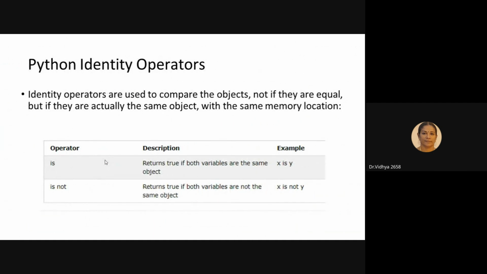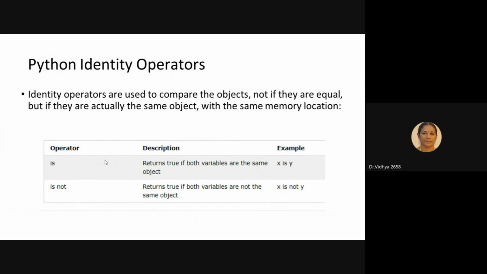Okay, then Python identity operators. Identity operators are used to compare objects, to check whether they are equal or actually the same object with the same memory location.